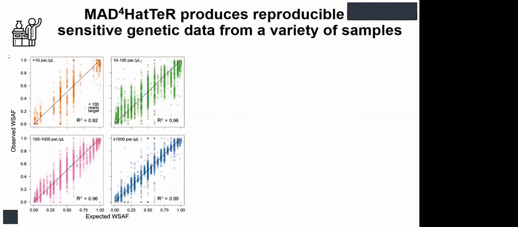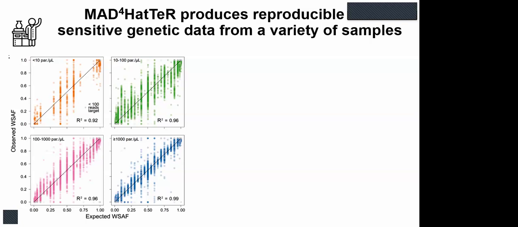So if we look at this further analysis, we tried to see how much is observed within sample allele frequency versus the expected. And we are seeing that our panel or our pipeline has a high sensitivity. If you look at the first graph in the corner, it's for less than 10 parasites per microliter. The second one is 10 to 100. The one down is 100 to 1,000, and the one in blue is above 1,000.